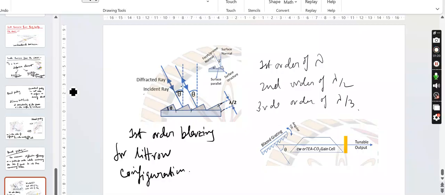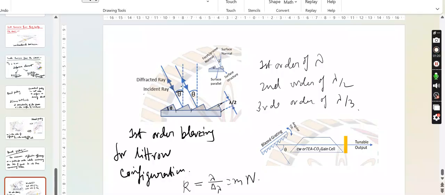So we choose the grating in such a way that we choose the theta, and the resolution R is equal to lambda by delta lambda, which is m into n. m is the order of diffraction and n is the total number of grooves. And how we use this, we put this glazed grating in the optical cavity at an angular position.